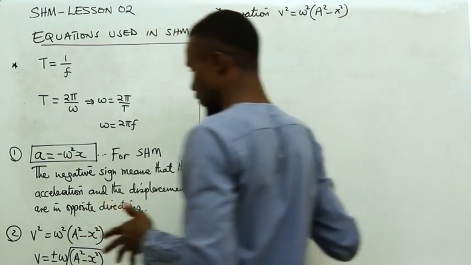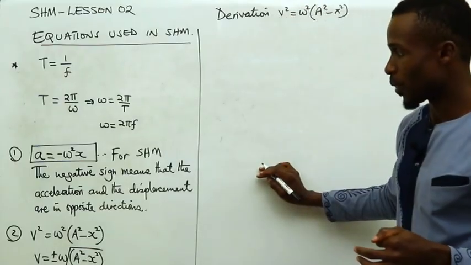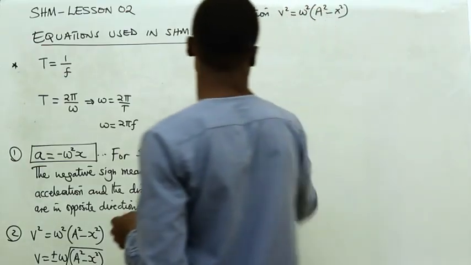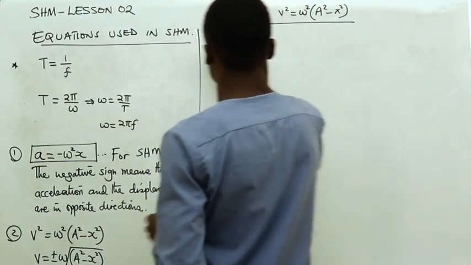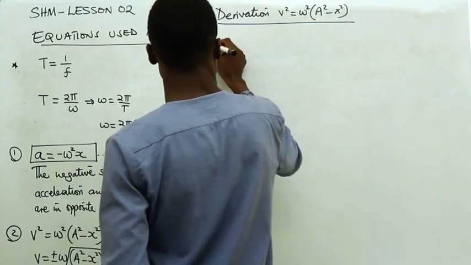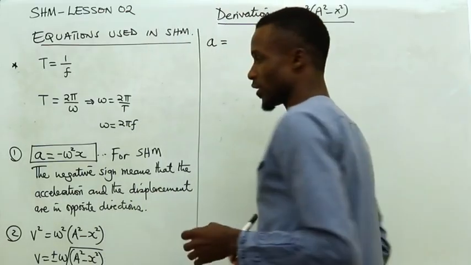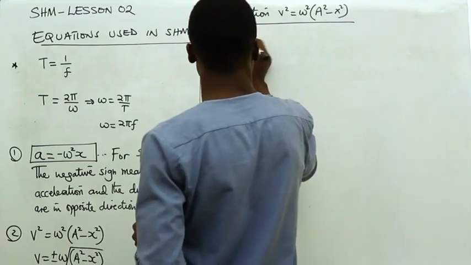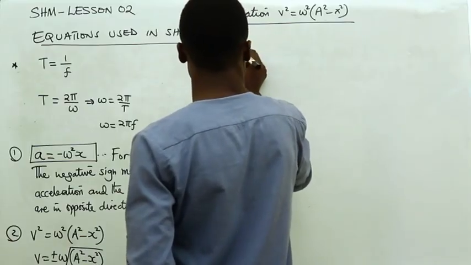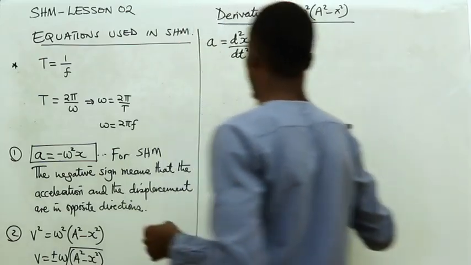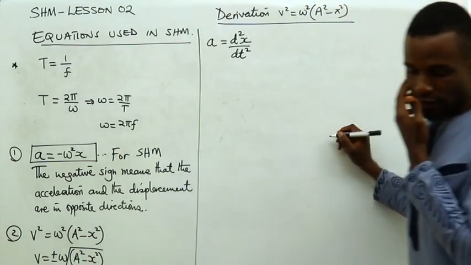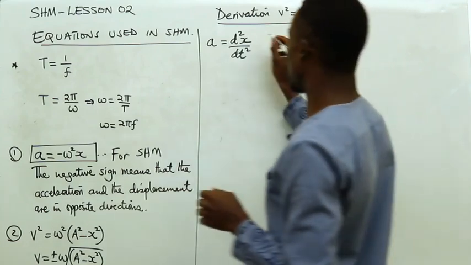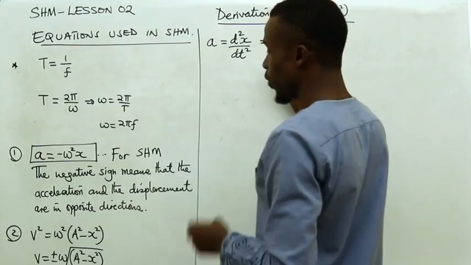Please note that acceleration is the second derivative of displacement, d squared x over dt squared. Now, we want to have velocity.